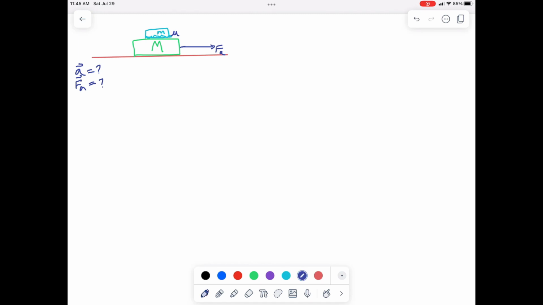So if I sketch a free body diagram for my block on top, it's of mass little m. So of course I'll have my force due to gravity acting from the center of mass on the block down towards the ground. That's just the block's weight. And then, of course, I'll have a normal force acting orthogonally from the surface on the object. So that's my normal force.